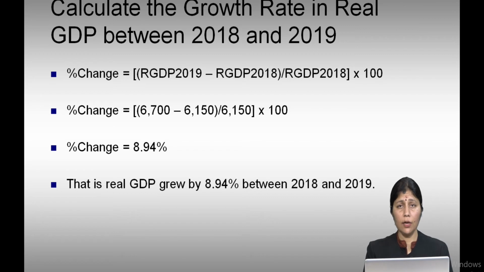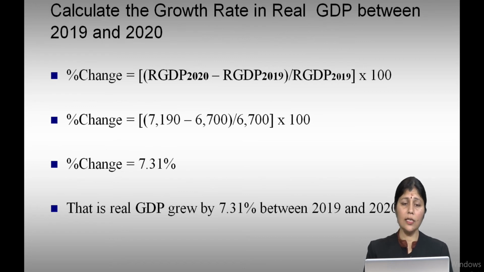Now, again that was a comparison we can make for 2019 to 2020. So, in the next slide we have analyzed the change from 2019 to 2020. So, percentage change in real GDP in 2020, because it is the new value minus the old value, is real GDP 2020 minus real GDP 2019 divided by the old value, real GDP 2019, multiplied by 100. So, what was the value?